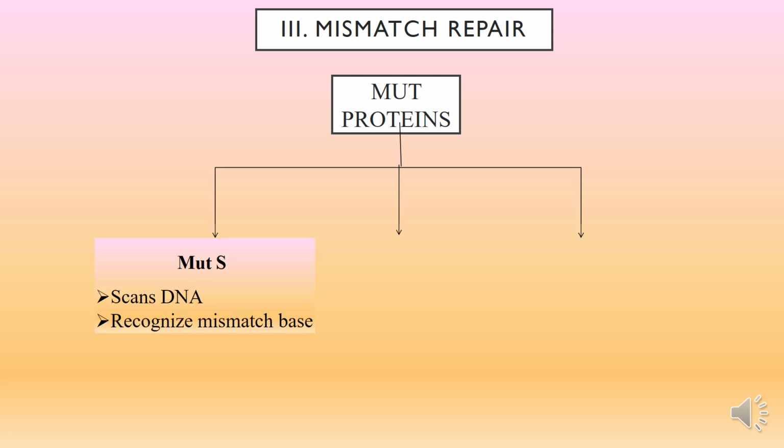Now, the third mechanism is the mismatch repair mechanism, in which there are different proteins that participate. Their names are Mut proteins. The Mut proteins include MutS, which scans the DNA and recognizes the mismatch. So, as the name says, mismatch repair mechanism, these proteins recognize the mismatch.